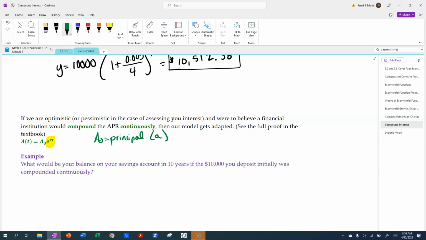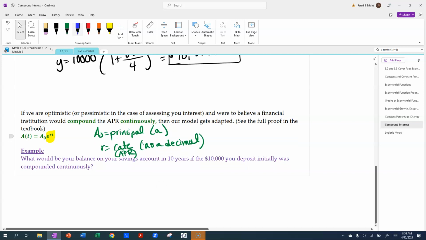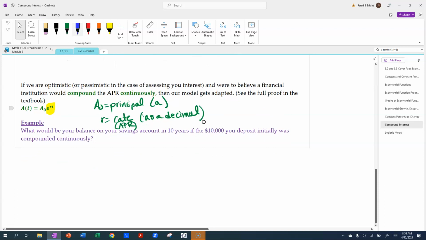And so r is just your rate, again, as a decimal. Okay, and actually in this case, it is just your APR. Okay, and then t would still be your time in years. Okay, so a little change in notation, but same overall idea.